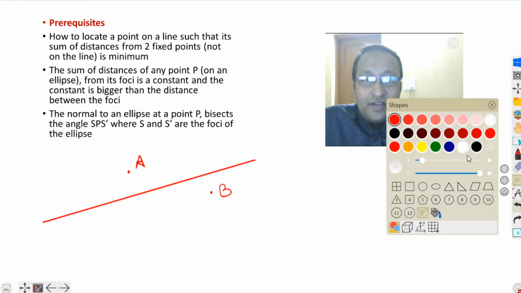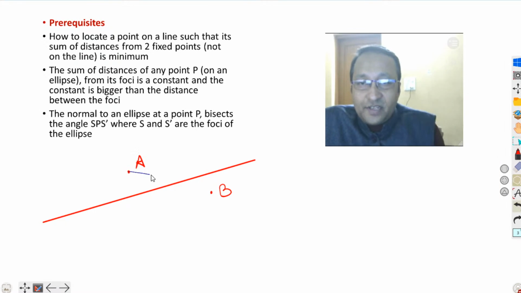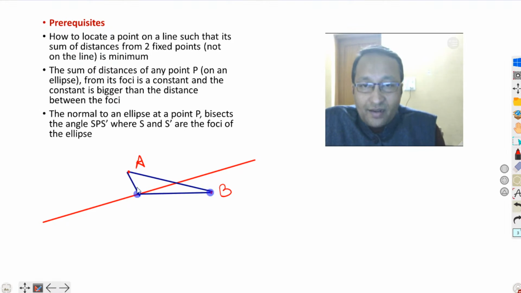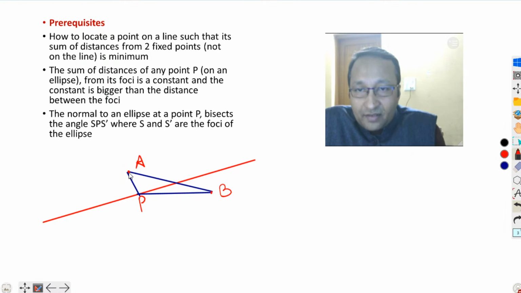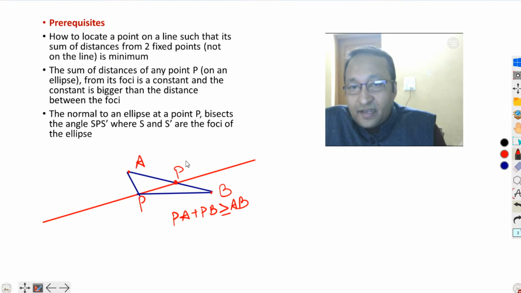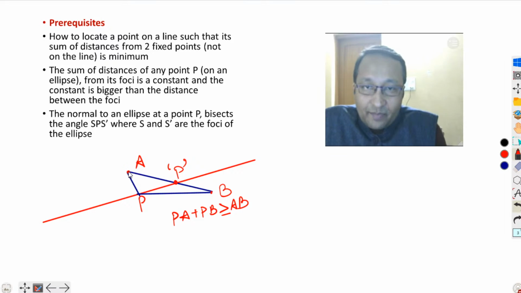What we generally look into in such problems is something called the triangle inequality. Had there been any other point P on this particular line, the one which is given to me, then PA plus PB is definitely greater than AB, and equality holds if P lies on the line segment AB itself.